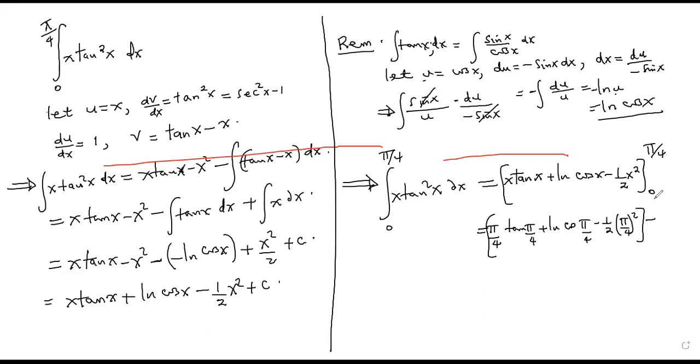Then minus, when you substitute a 0, it will be 0 everywhere, so we shall subtract 0. So it's going to be pi over 4.